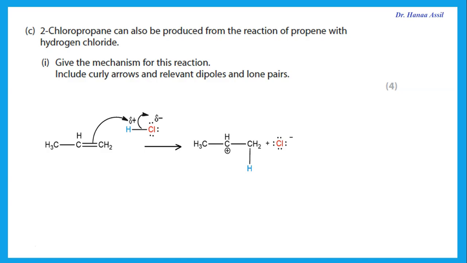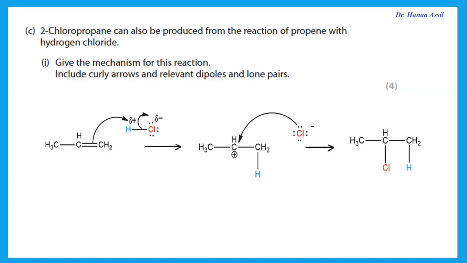Of course, Cl is more electronegative than hydrogen, so the chlorine has a slightly negative end and the hydrogen is slightly positive. The electrons from the double bond will attack the hydrogen, and the electrons between the H and the Cl will go to the Cl. This forms a carbon with a positive charge, which is called a carbocation. Then this carbocation will be attacked by the Cl- to give the final product.